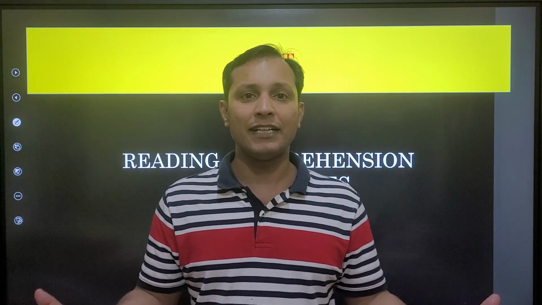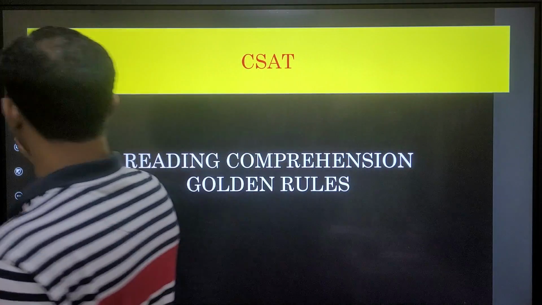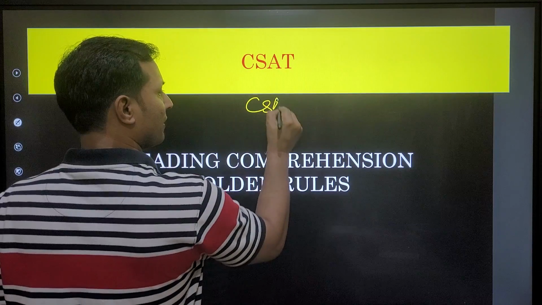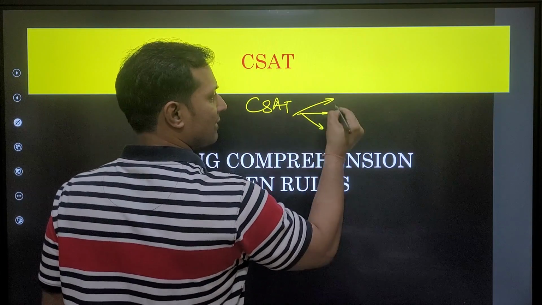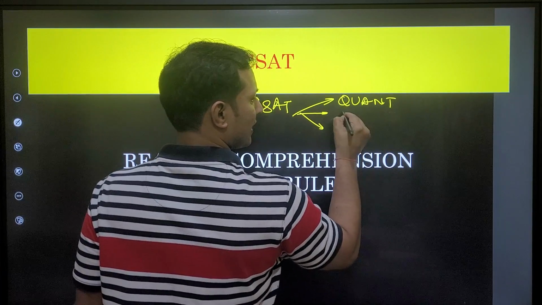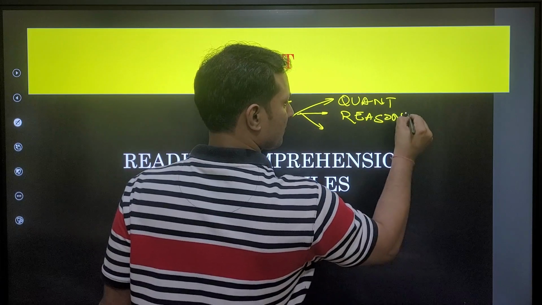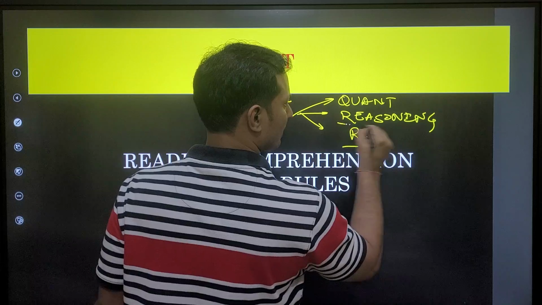In the CSAT paper, there are three major sections. One is the quant section, second is the reasoning section, and third is the reading comprehension section.